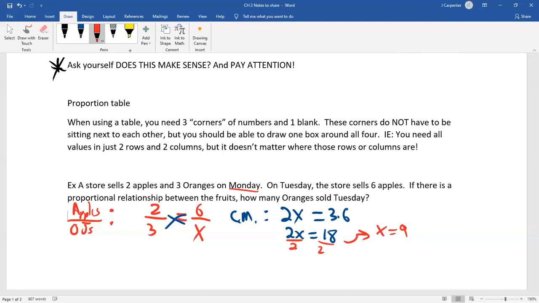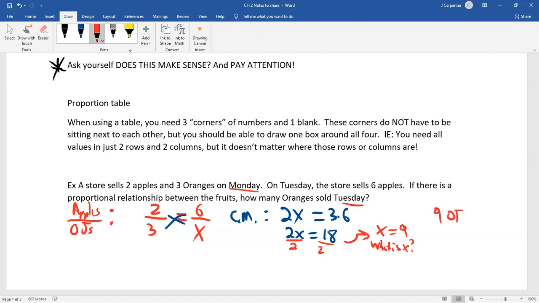Now, let's say you just box this up and ship it out in the real world. You say 9. That's not an answer. 9 is not an answer. You need to be asking yourself, what is X? X was the number of oranges sold on Tuesday.